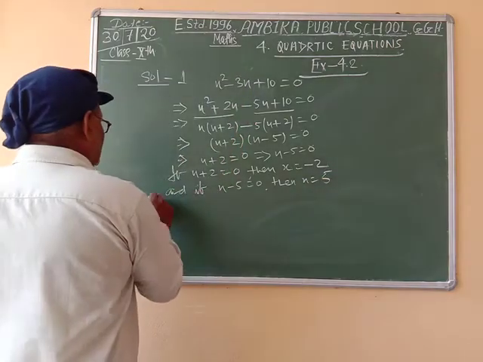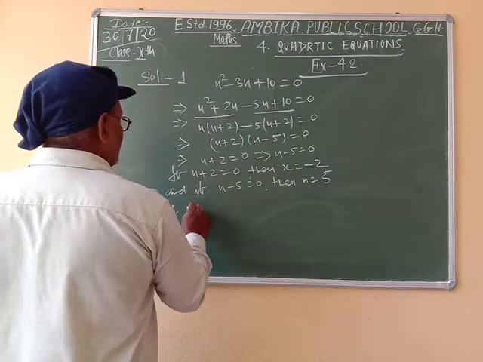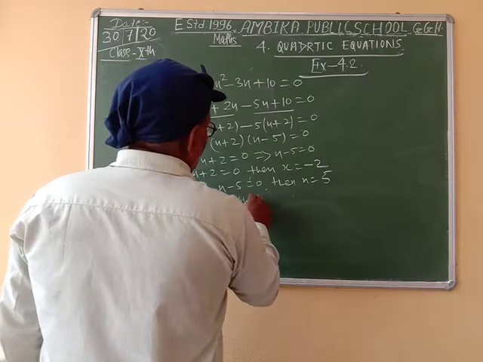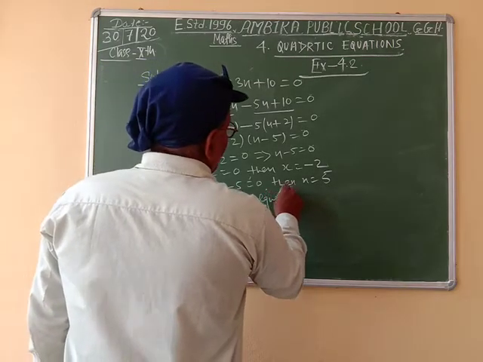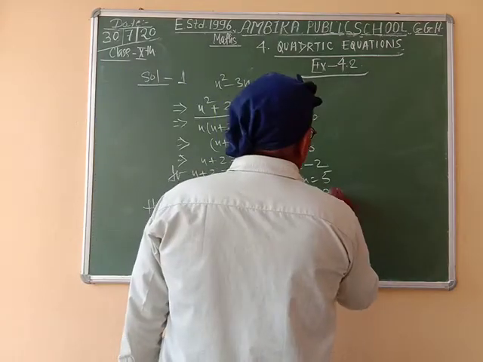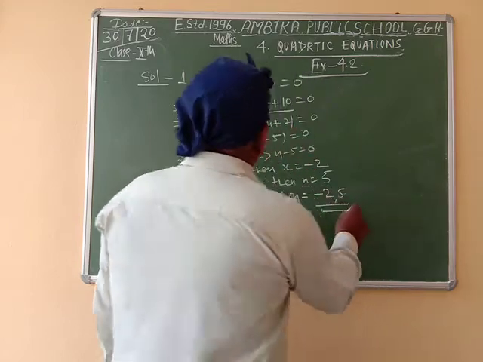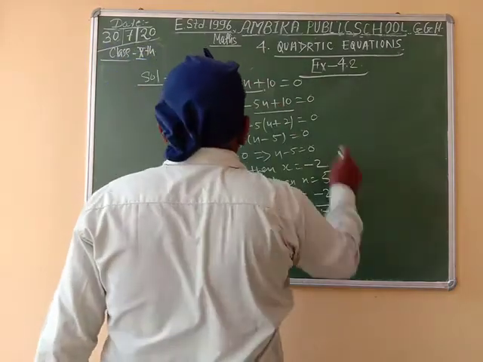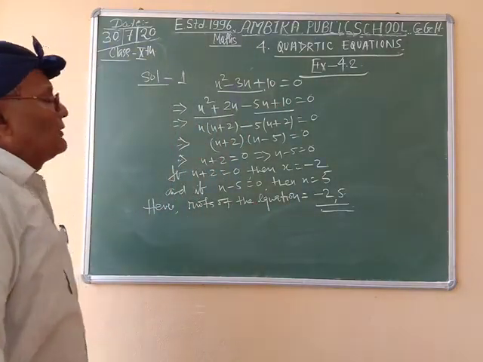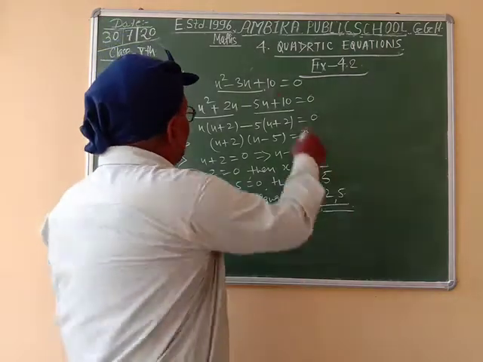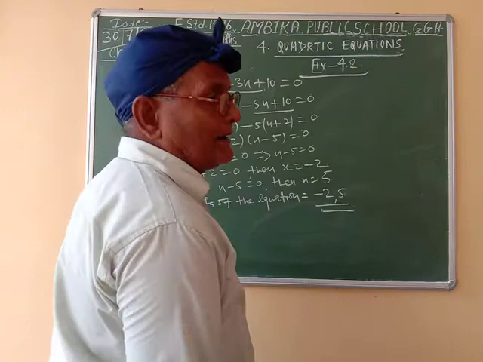Hence the roots of the equation are minus 2 and 5. In this way we can find the roots of the equation. To solve by factorization method, first of all we find such numbers whose sum is minus 3 and the product is 10.